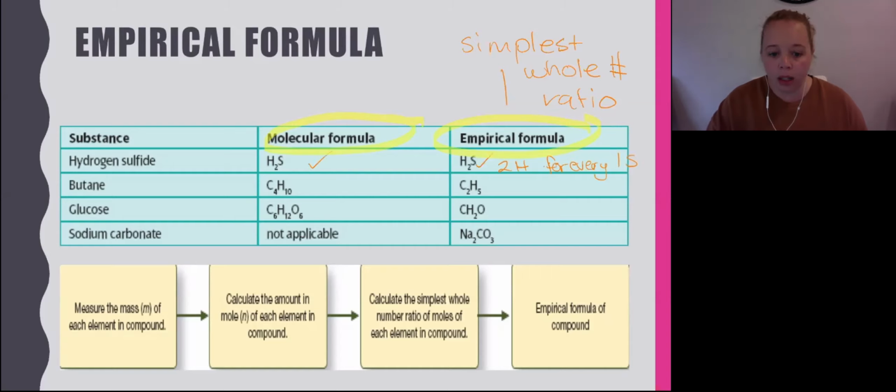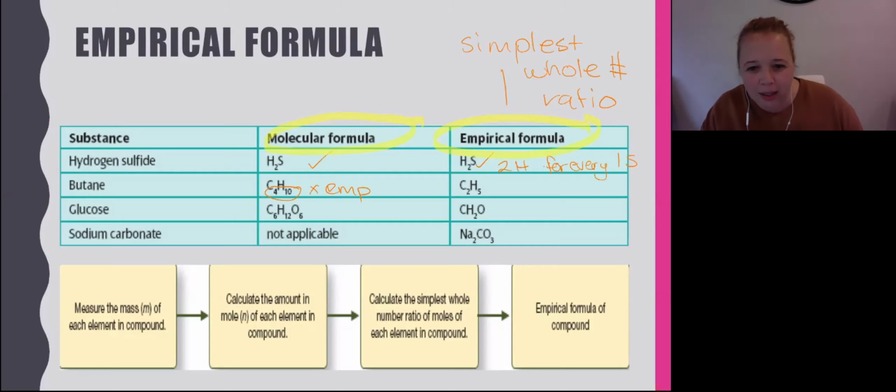With butane, which we'll come back to in organic compounds, C4H10 is its molecular formula, but this is not its empirical formula because it's not its simplest whole number ratio. It simplifies to C2H5.